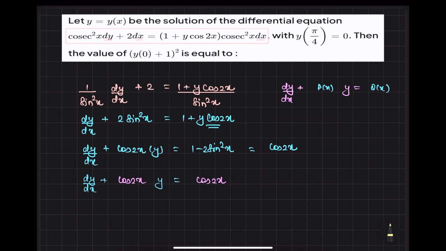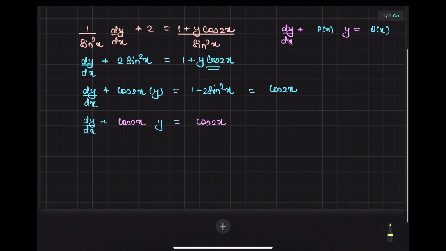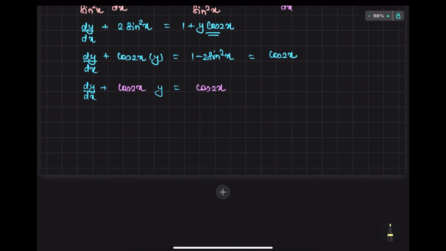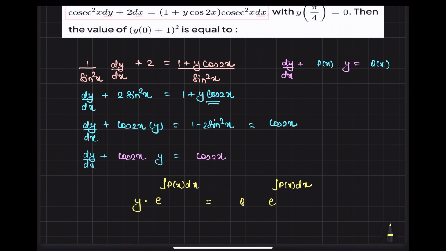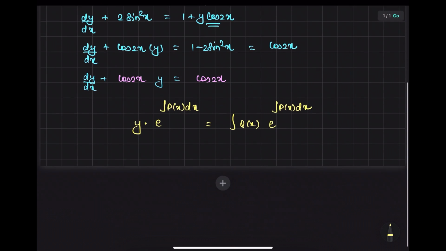So now we have to integrate. First we will write this in the required form. We want e power integration px dx on both sides. Here we want y, here we want qx with the whole integration.